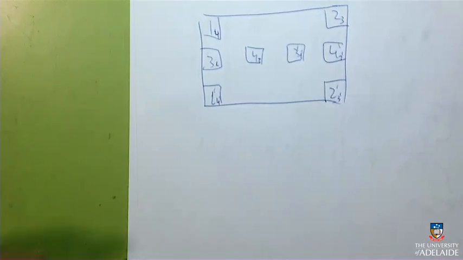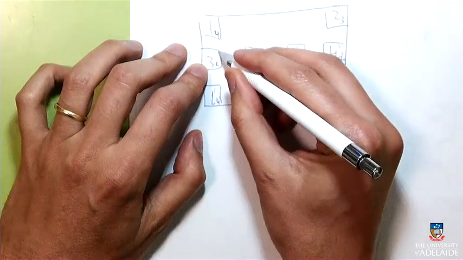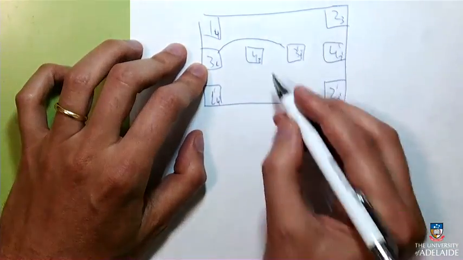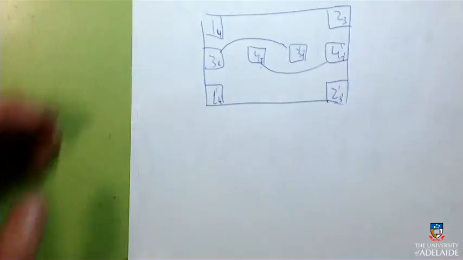And now, let's connect 1 to 1 prime, which before was 3 to 3 prime, and that's this. And then 4 to 4 prime, which now is 2 to 2 prime, which is this.